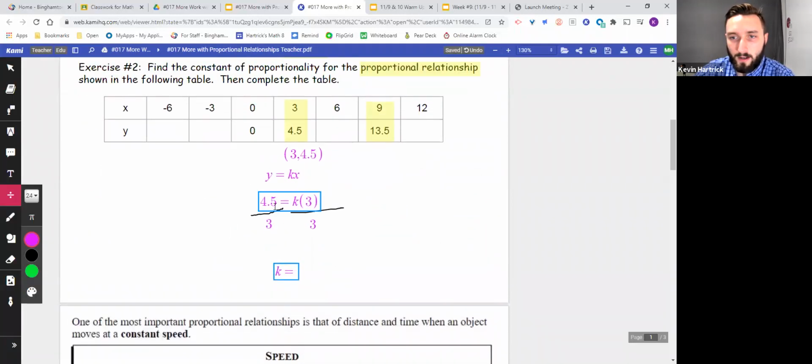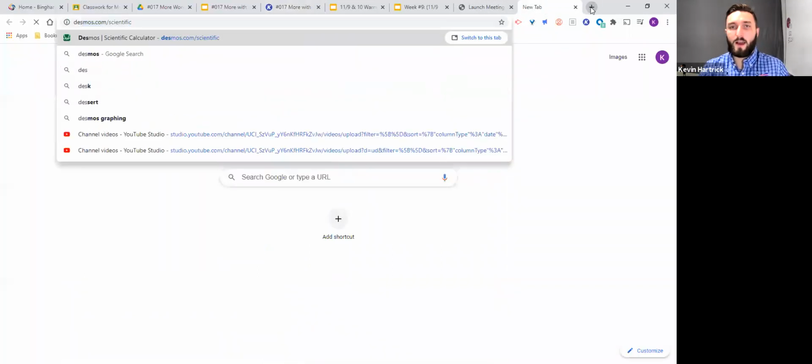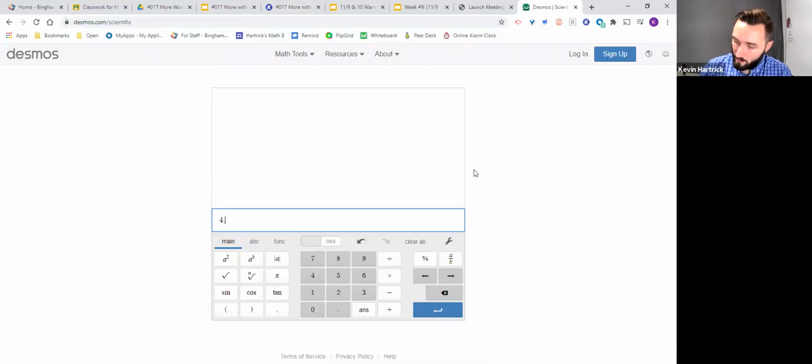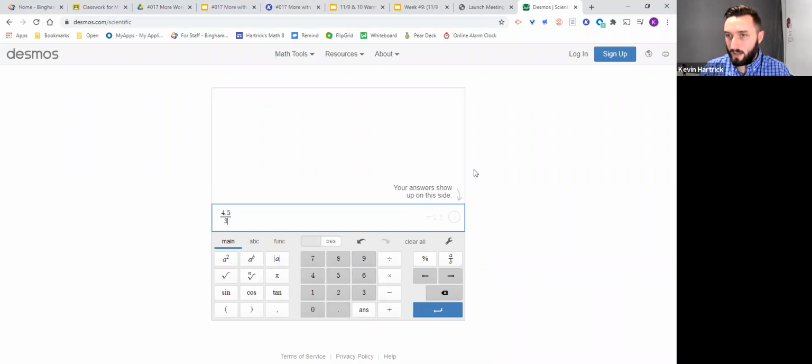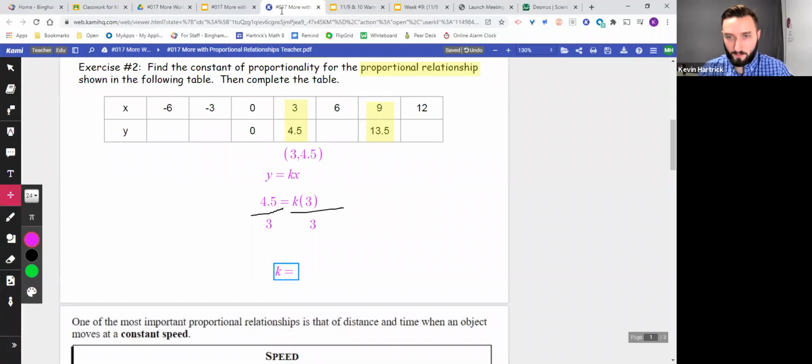Well, what am I doing over here? Here's the y value, that was 4.5. Here's the x value, that was 3. 4.5 divided by 3 is going to be my answer. I don't know that off the top of my head. I'm going to use my Desmos calculator. 4.5 divided by 3 gives me 1.5. Okay, so I have 1.5 here for my k. And that is my answer.